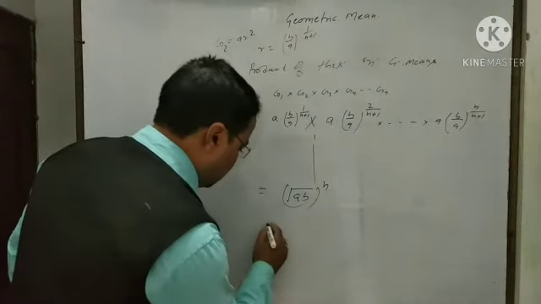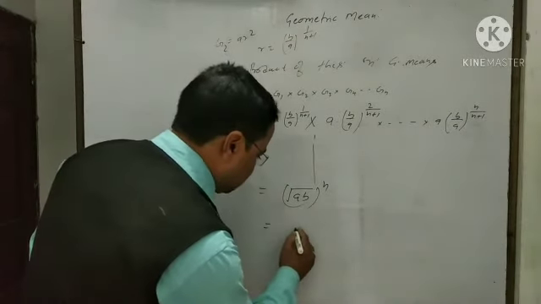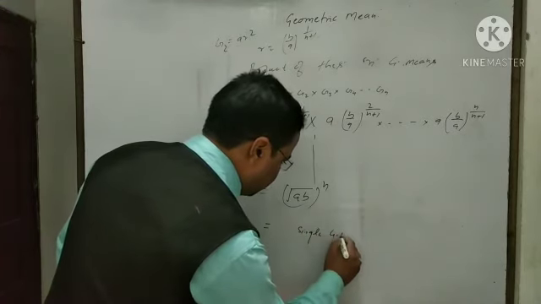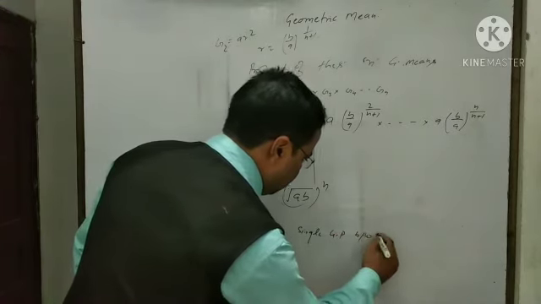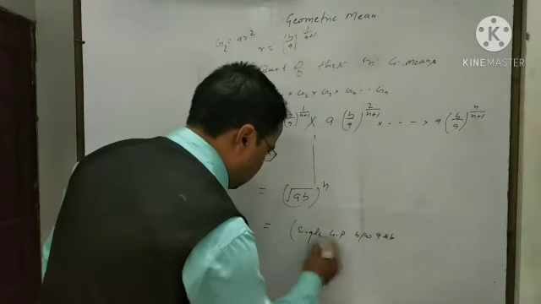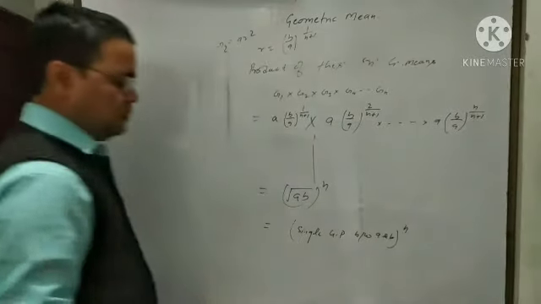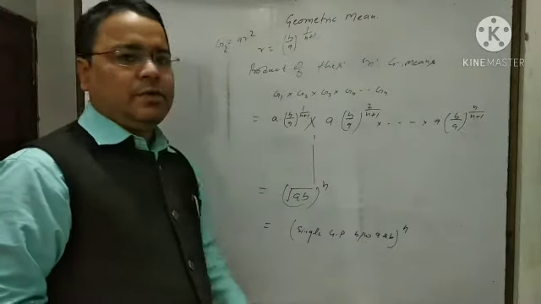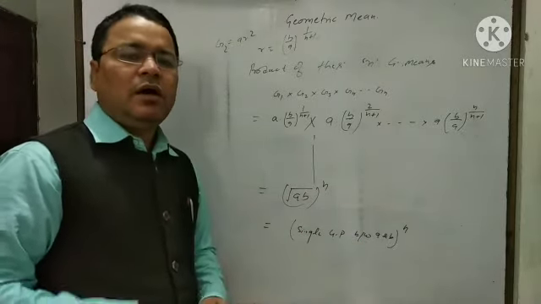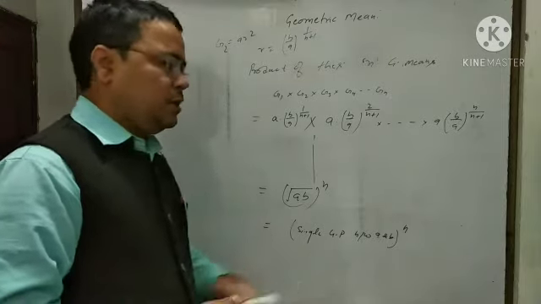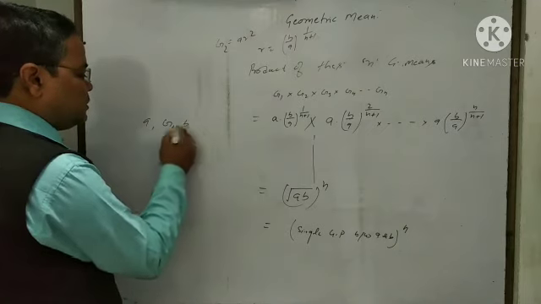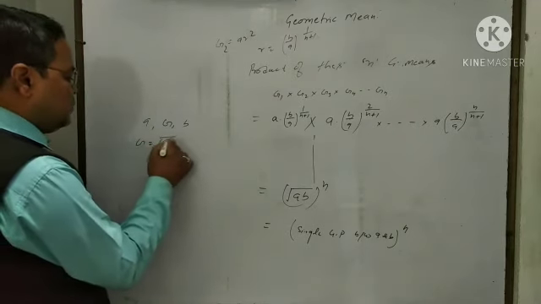We can write a single geometric mean between A and B raised to the power n. What is under root AB? A simple geometric mean between A and B. Here, if G is a geometric mean, then G is equal to under root AB.